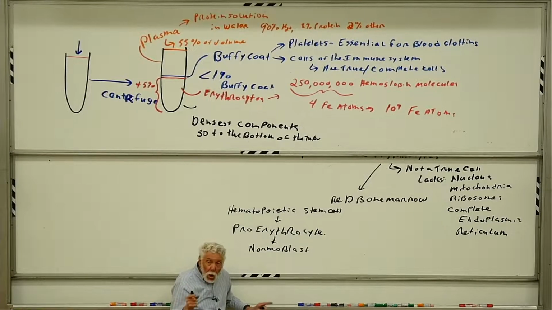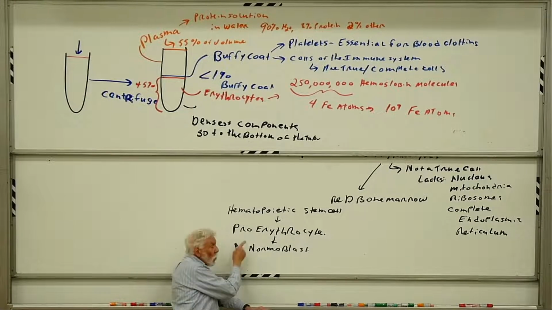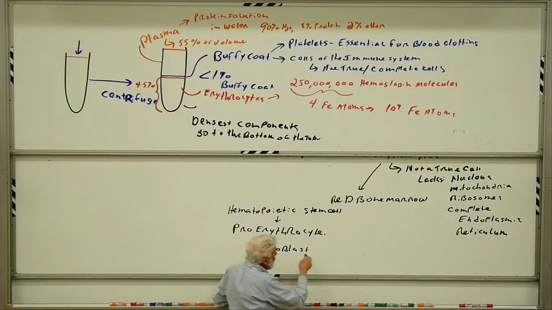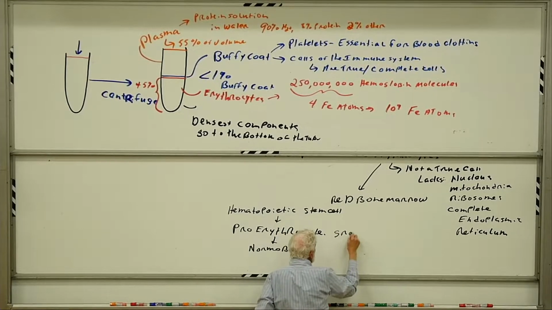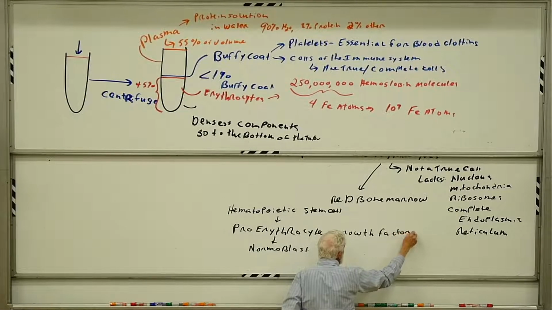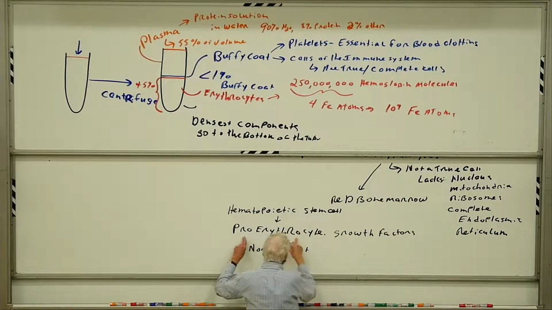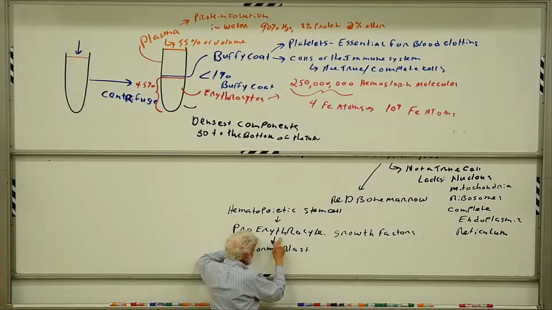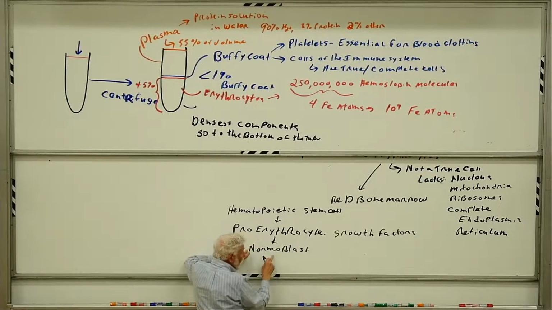But what I want you to hold on to is we have a pro-erythrocyte which can receive growth factors. The binding of growth factors to pro-erythrocytes then is going to tell these cells to divide and further differentiate into a normoblast.